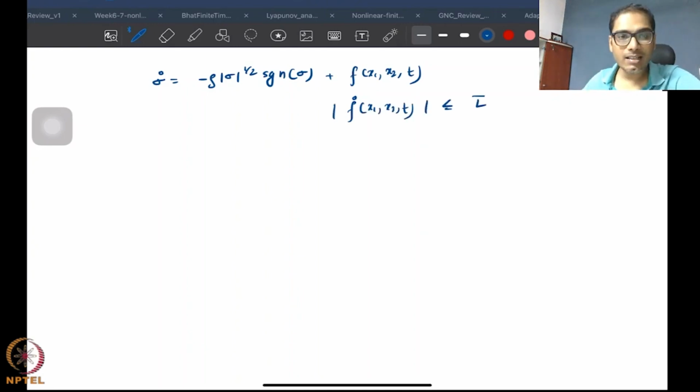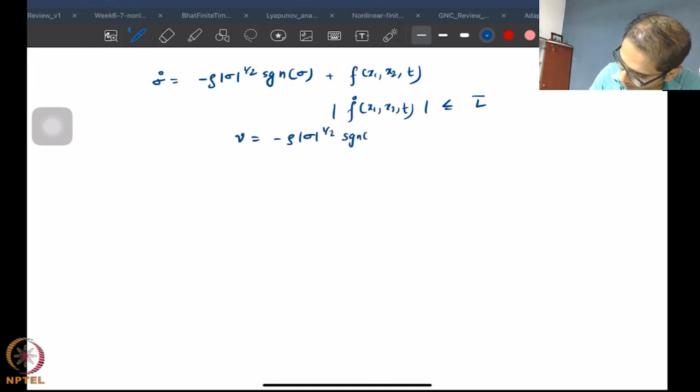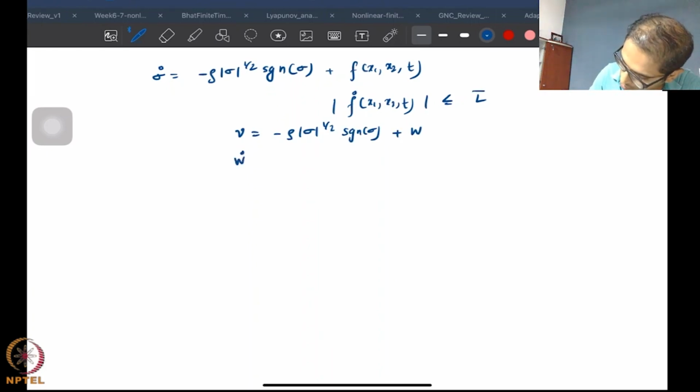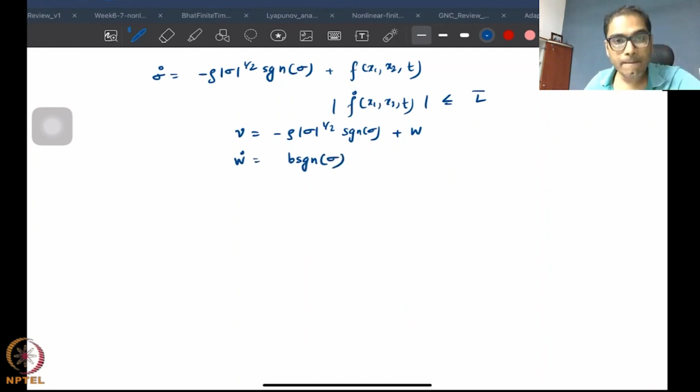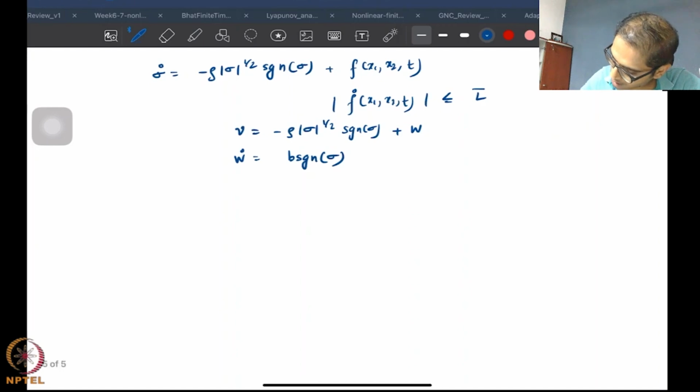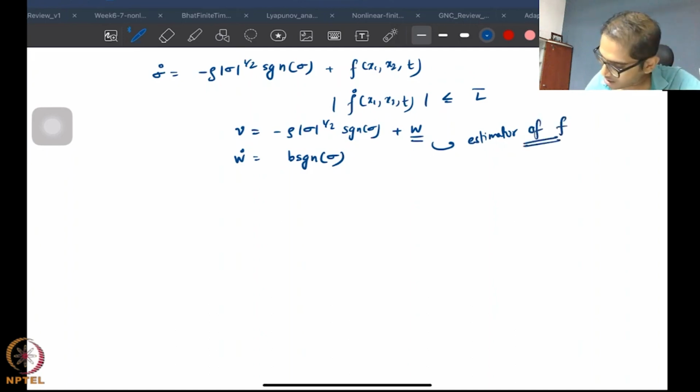And then we construct our v as minus rho sigma to the power half signum sigma plus a variable w, where w is now an estimator of f, so w is somehow f hat.